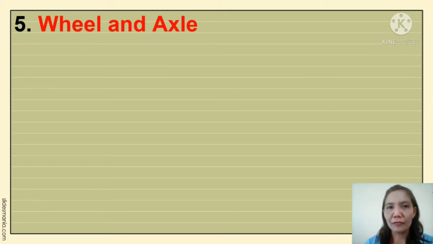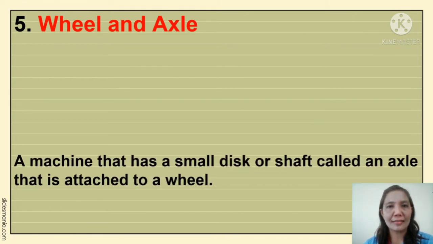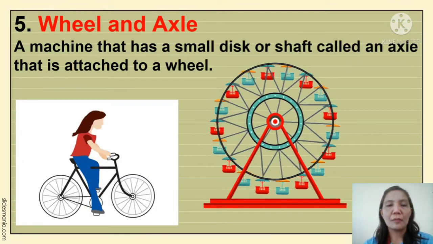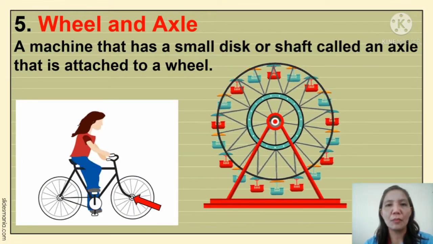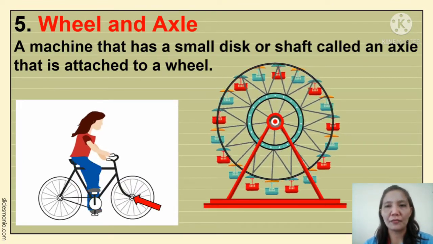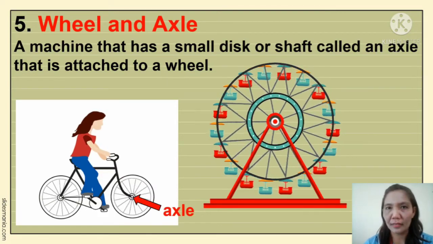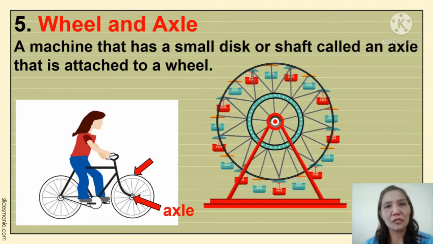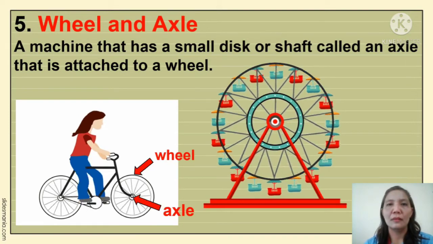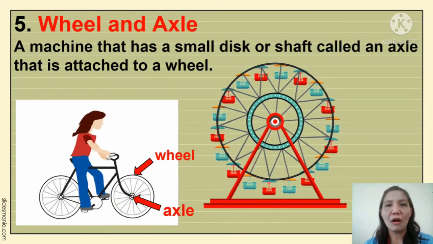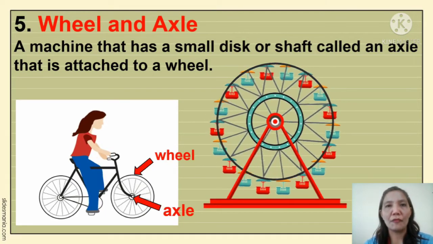Number 5. Wheel and axle. A machine that has a small disc or shaft called an axle that is attached to a wheel. Some examples are a bike and a Ferris wheel.